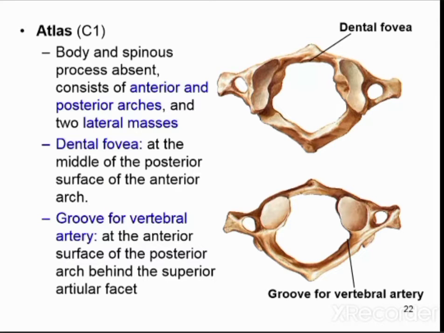There is a dental fovea, accommodating the dens of the second cervical vertebra. Here is the dental fovea at the middle of the posterior surface of the anterior arch.